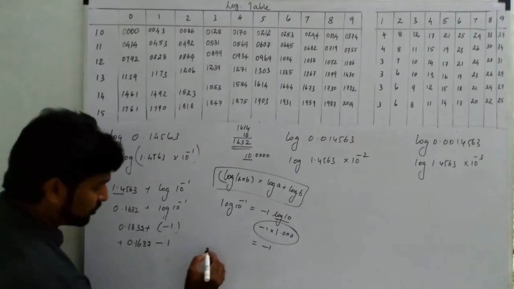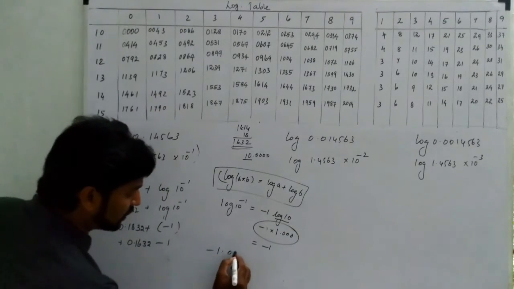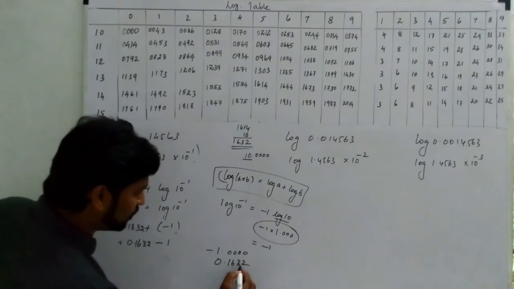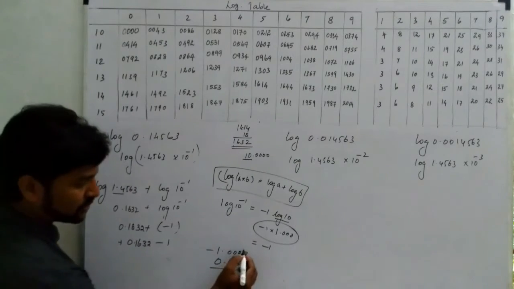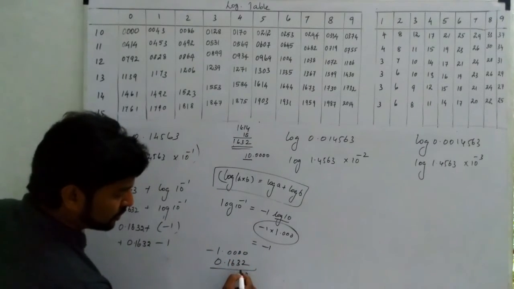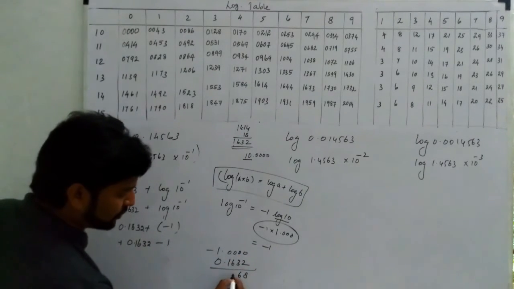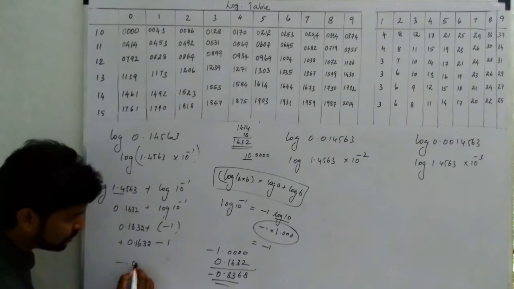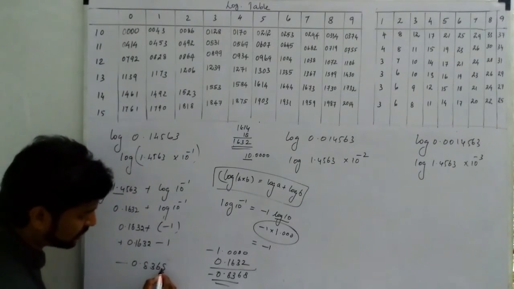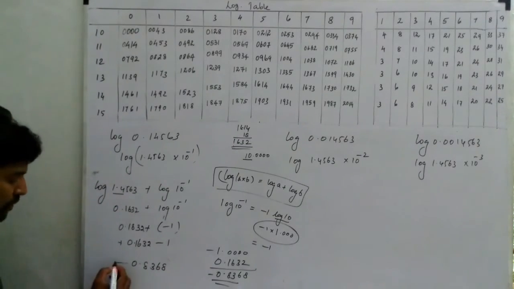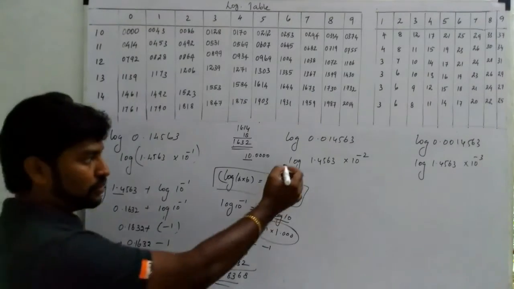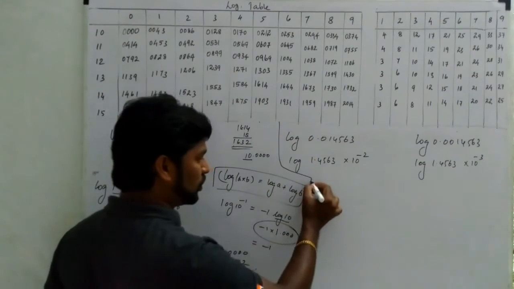If you subtract 0.1632 from 1, that is 10 minus, 8, 6, 3, 8, 0. We get the value minus 0.8368. What is the value we get? Minus 0.8368.